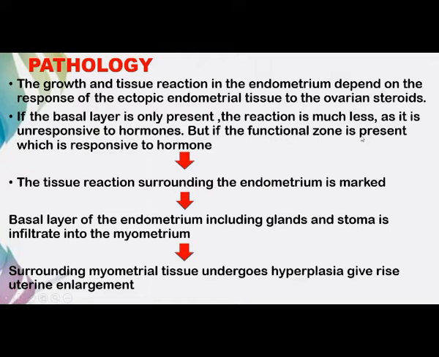But if the functional zone is present, which is responsive to hormones, the tissue reaction surrounding the endometrium is marked. The basal layer of the endometrium, including the glands and stroma, infiltrates into the myometrium. The surrounding myometrium undergoes hyperplasia, becomes enlarged and gives rise to uterine enlargement. This is known as adenomyosis.